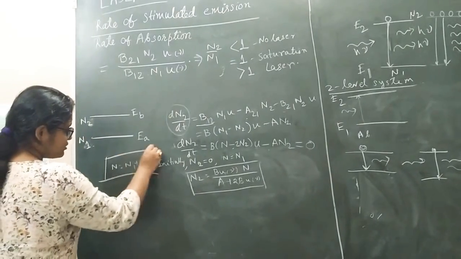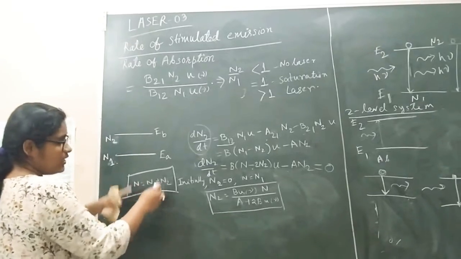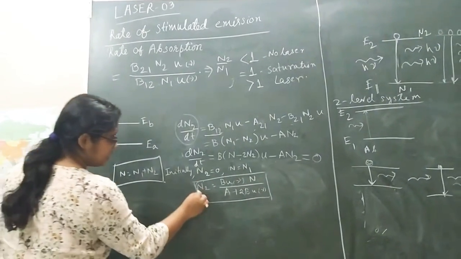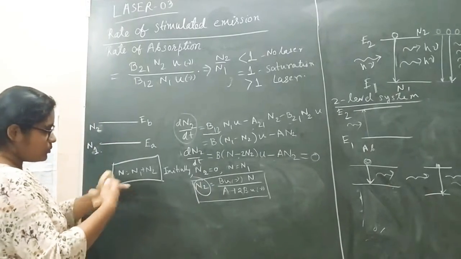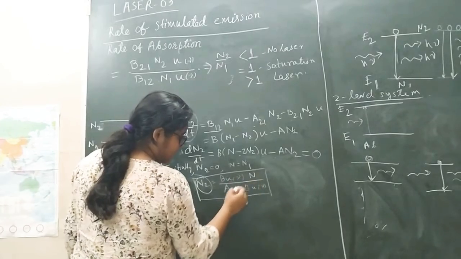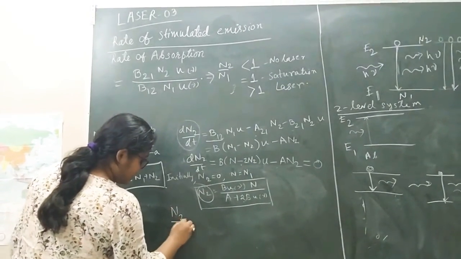Because suppose the total number of atoms N1 plus N2 is N. You put in the values and do the calculation, and you will get the population at the excited state, that is N2, equals BUN by (A plus 2BU). So you take the ratio of N2 by N.